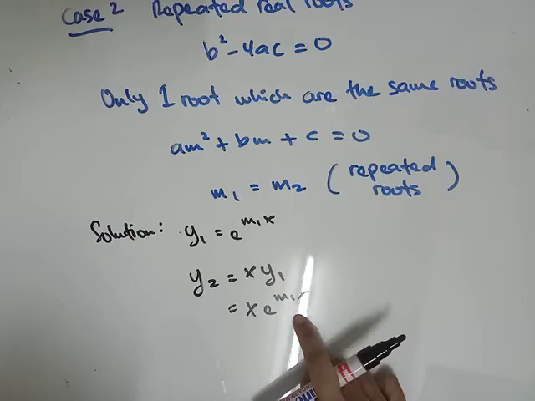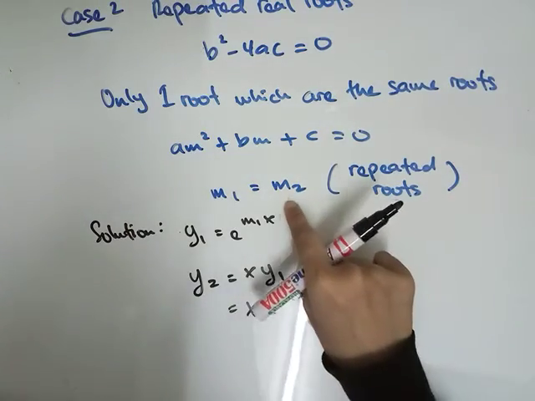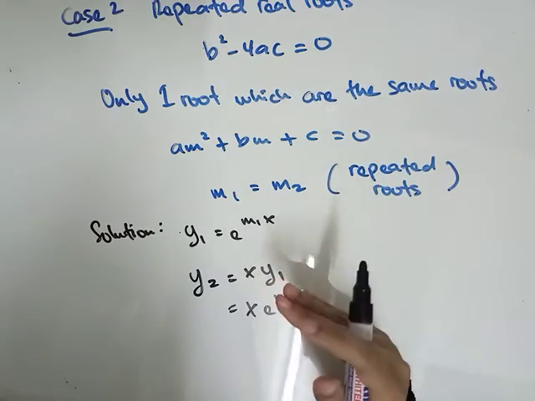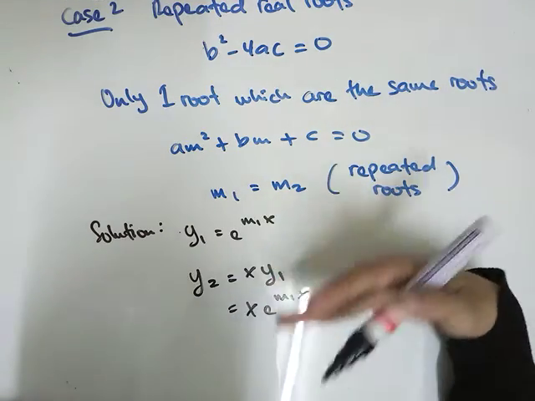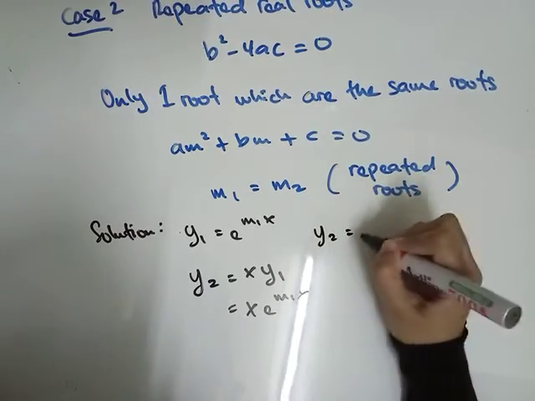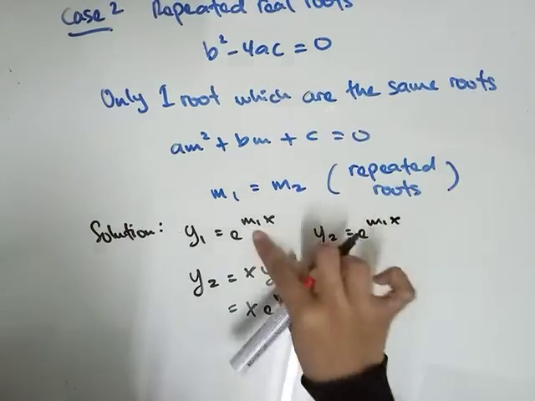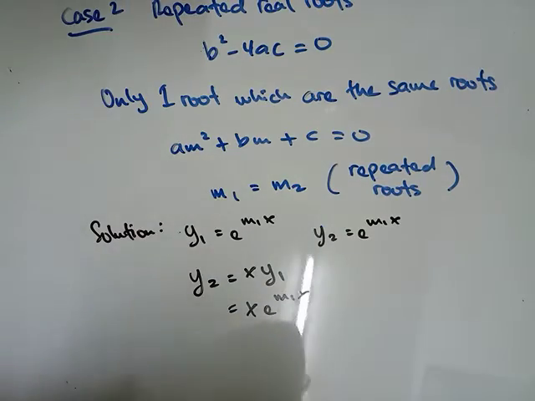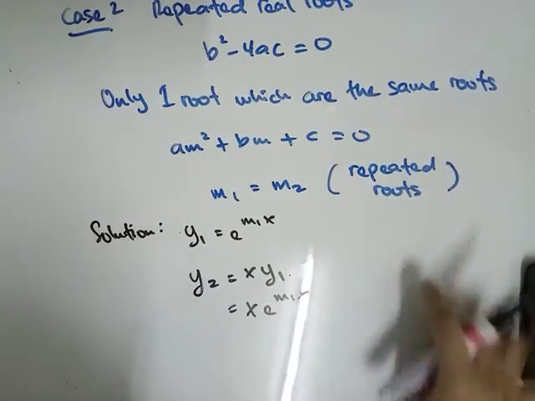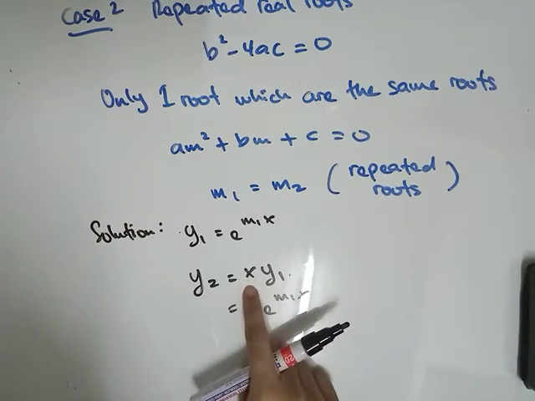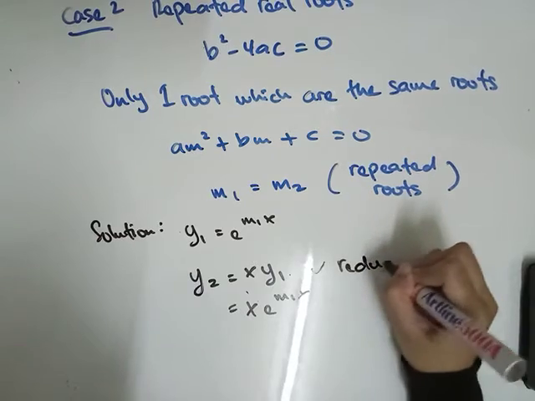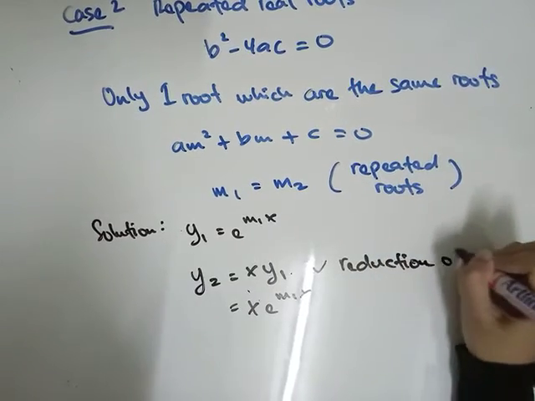Because we have repeated roots, we don't want the same solution. Otherwise y2 would be exponent m1x also, the same. So we need to multiply with x. We call this reduction of order.